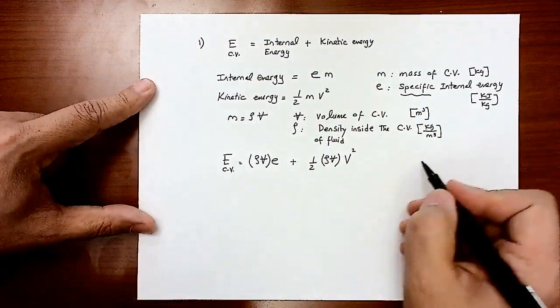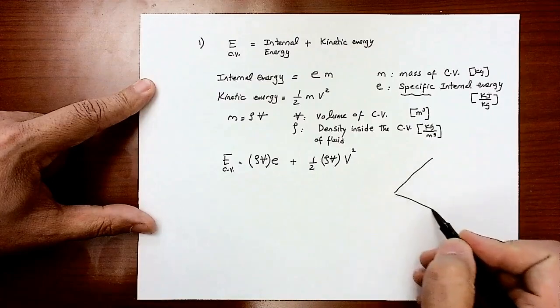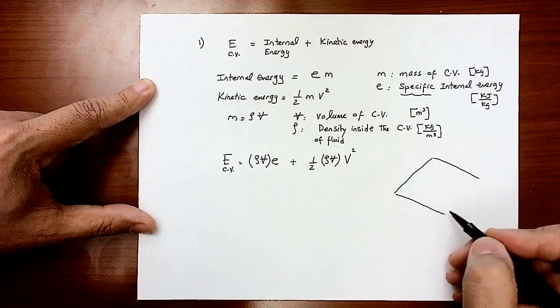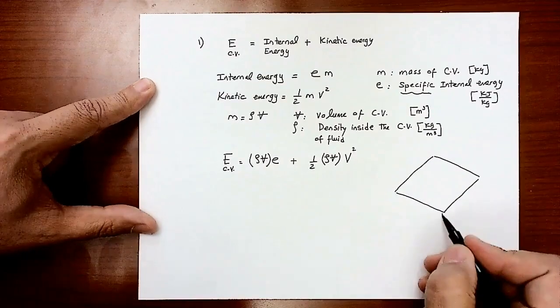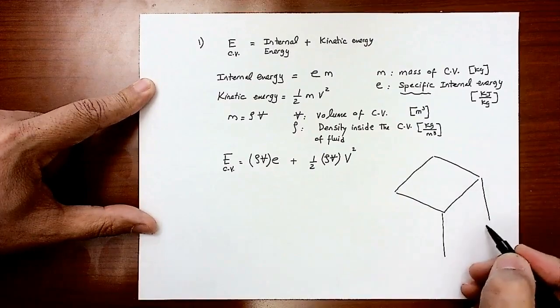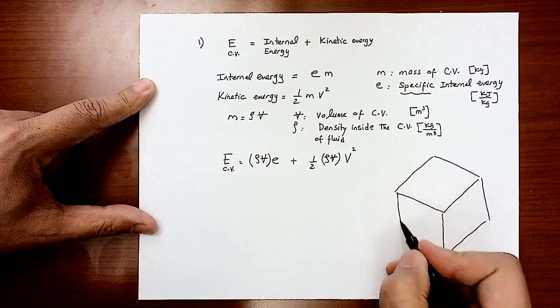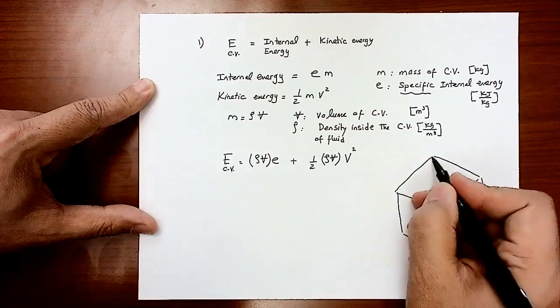So if I pick up a fluid element, that's a standard that we used in the continuity and the momentum equation, I'm going to have a cubical shape control volume here. That's my element, fluid element.